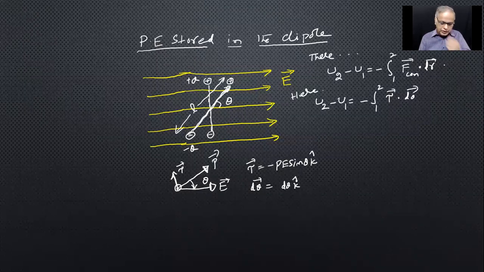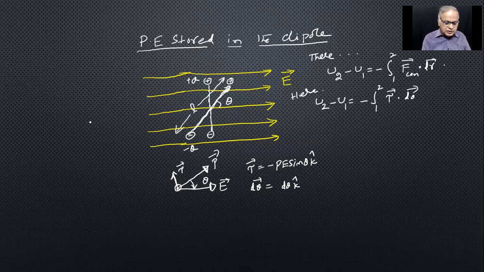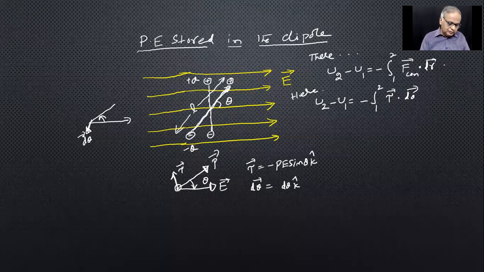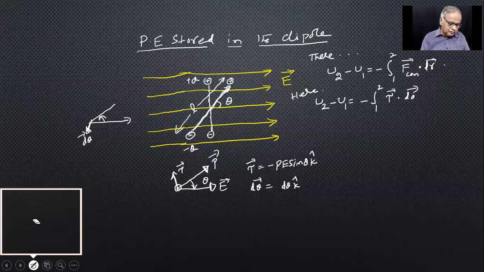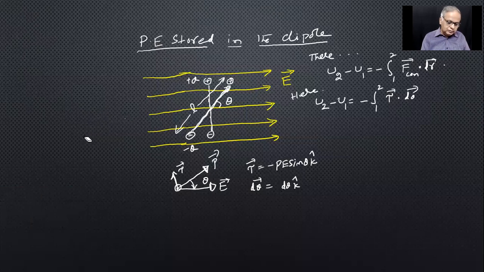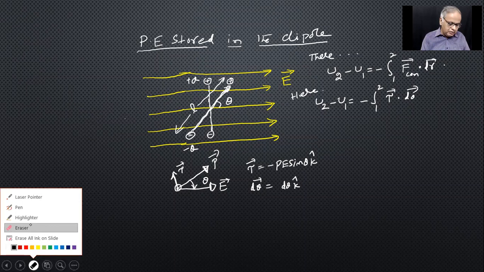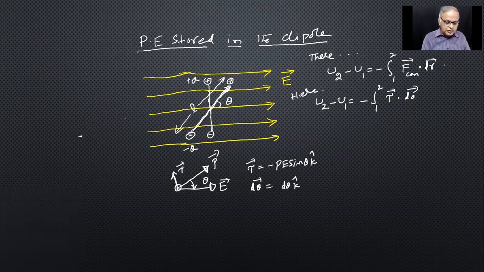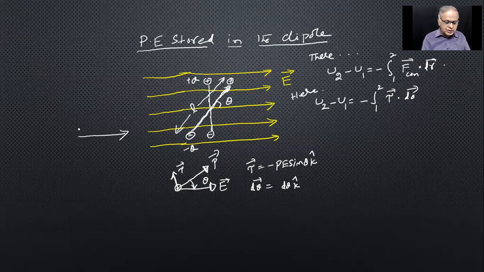Why do you know d theta? If this is the positive x-axis, in the anti-clockwise direction we take d theta to be positive like this, using the right hand thumb rule. If we turn like this, we put it in the same plane of the paper. This is positive x-axis.